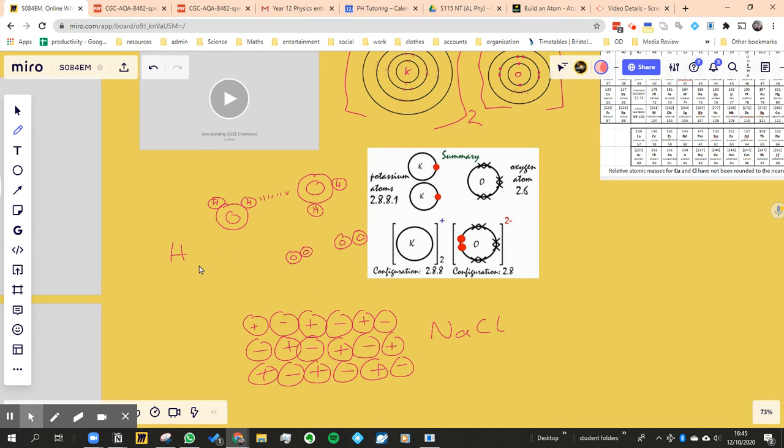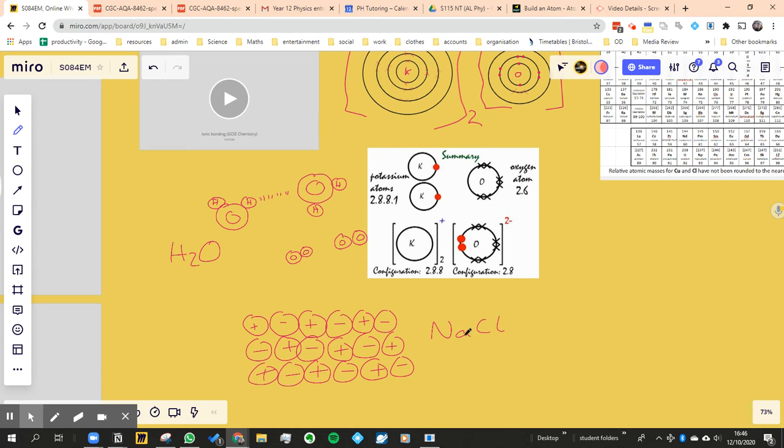The formula for water, H2O, tells me how many atoms are in one molecule: 2 hydrogens and 1 oxygen. Whereas NaCl just tells me the ratio, a 1-to-1 ratio. We don't know how many are in it because it depends on the size of the grain of salt. So ionic substances do not form molecules.